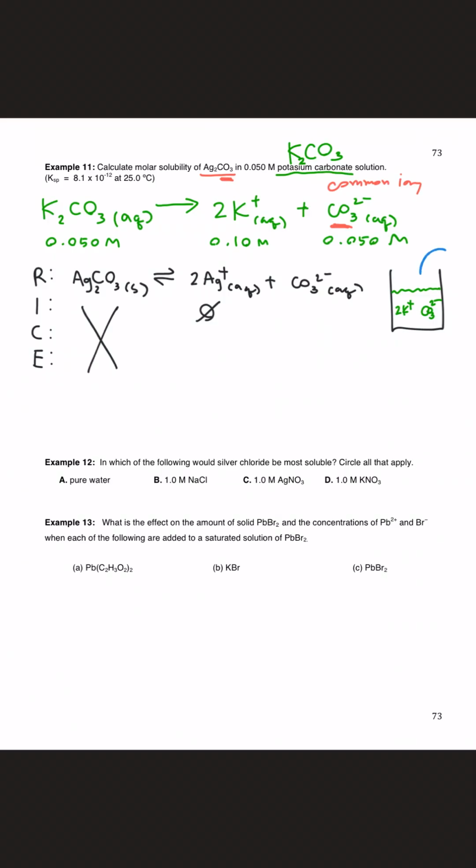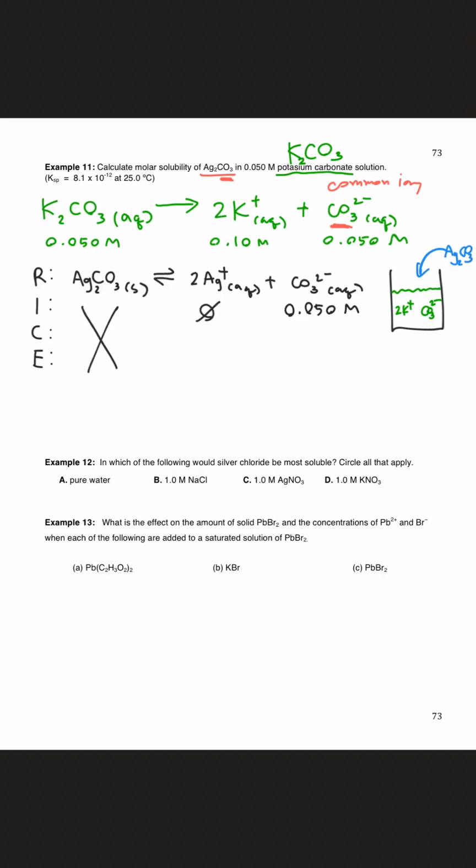And now this represents when we add silver carbonate to it. So that means the initial concentration of carbonate is going to equal 0.050 molar. Again, it comes from the common ion. It comes from the fact that at the beginning, before we add silver carbonate, the carbonate ions are already present in the solution from the potassium carbonate.